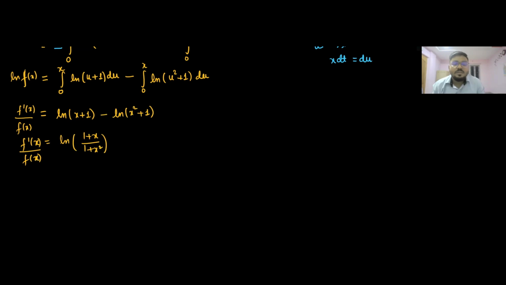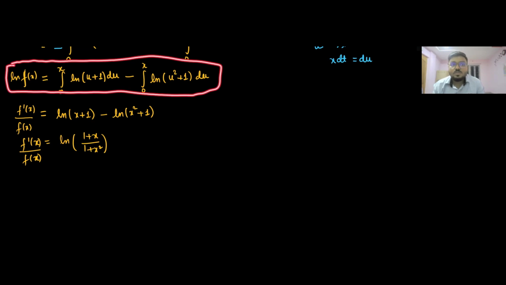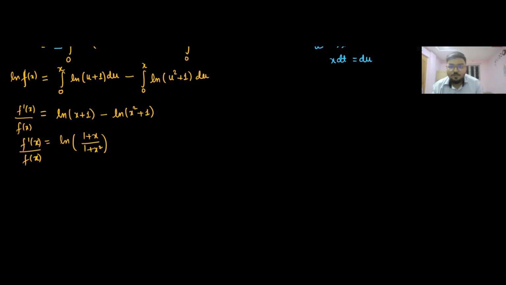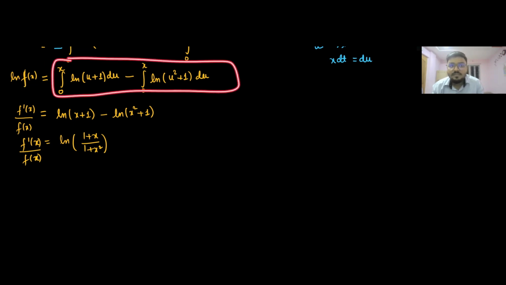Now, just think that this was your ln f(x) relation. If you have to write the f(x) value from here, f(x) would be e raised to the power of this whole integral, because if you remove the ln, everything on the right hand side will be in the power of e.